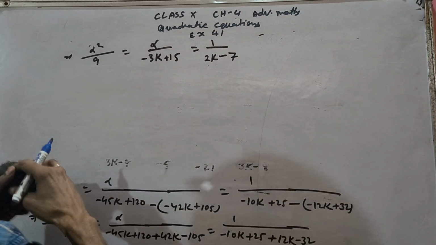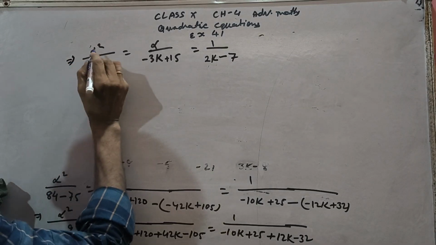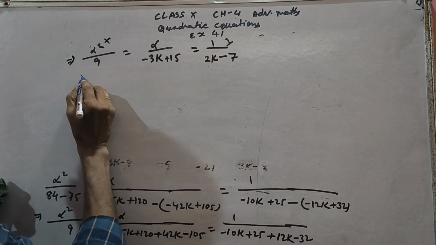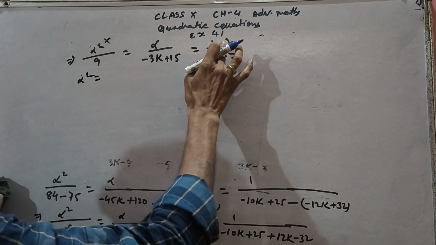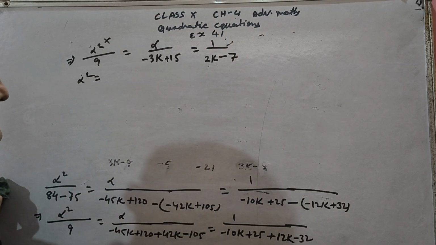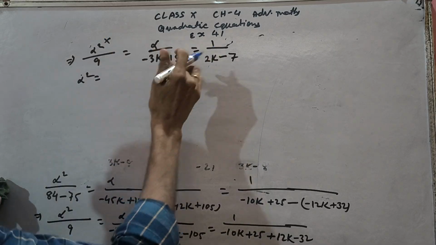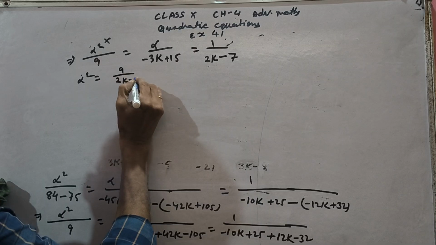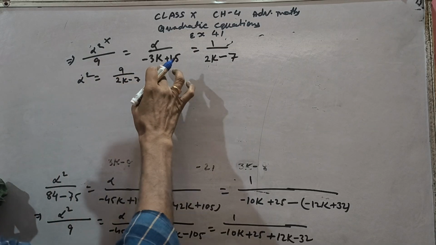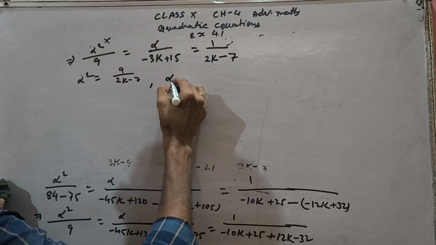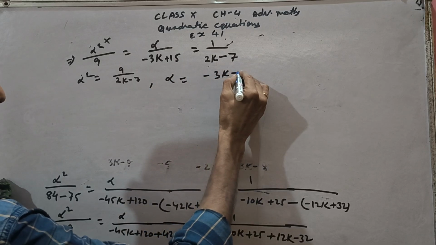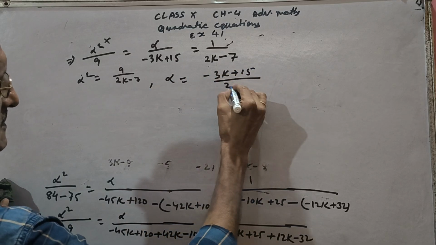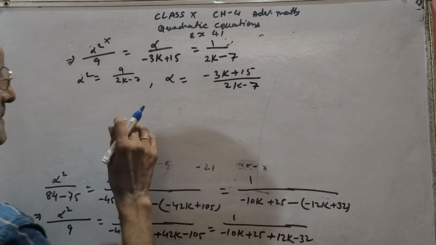Now from this and this, what we will get? Alpha square equal to 9 by twice k minus 7. And from this and this, alpha equal to minus 3k plus 15 by twice k minus 7.